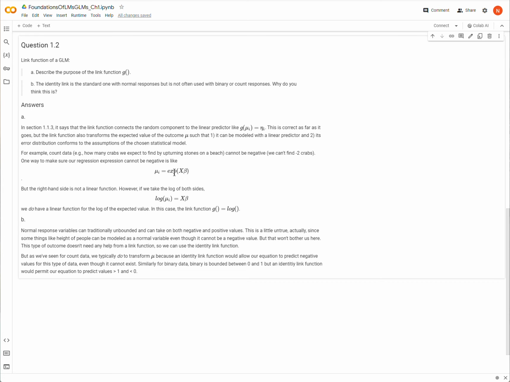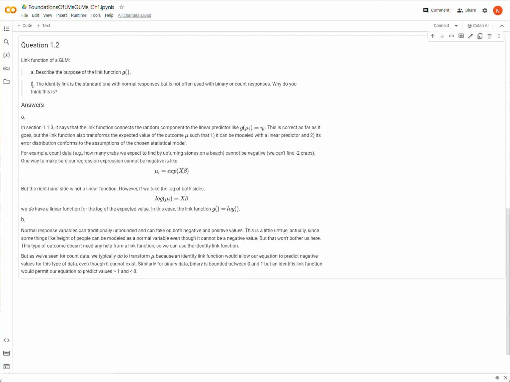That's no big deal because we can just take the log of both sides. Now we get the log of mu equals x beta. Now x beta is a linear function and it's modeling log of mu. In this case, log of mu is the link function for this type of data. Hopefully that helps resolve this question.